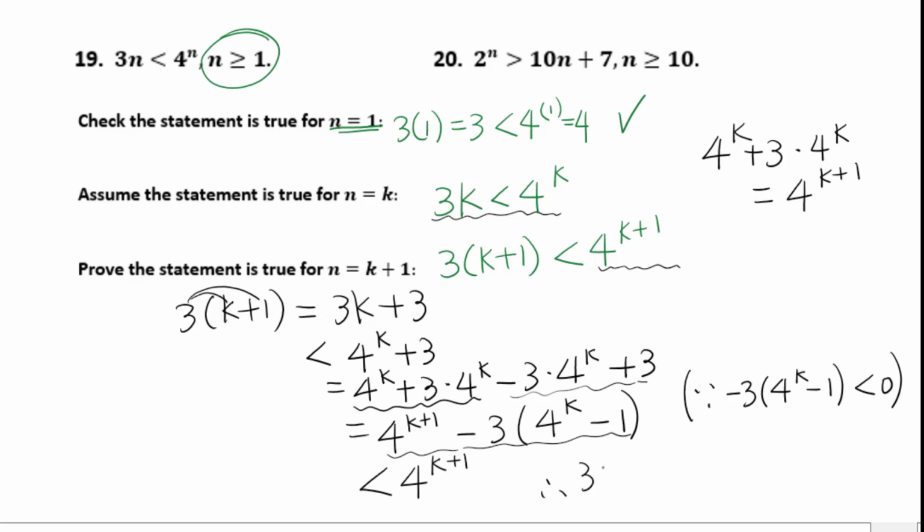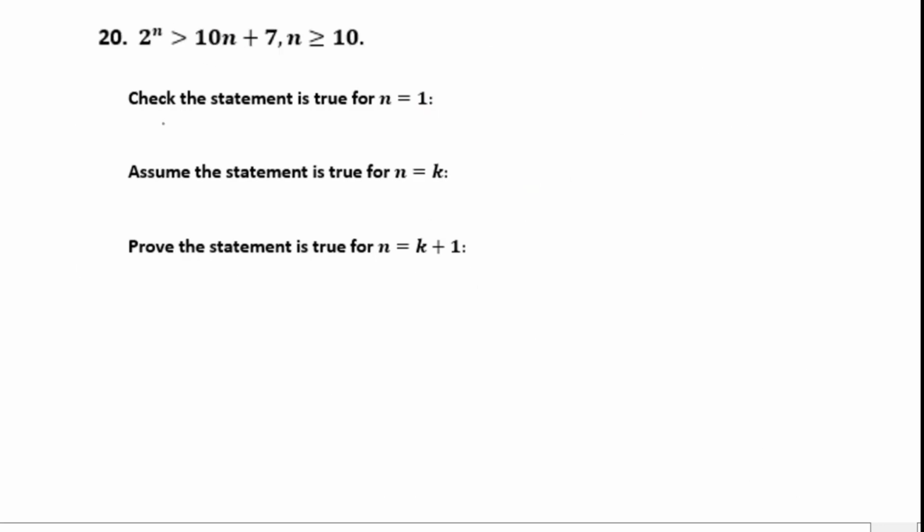So 3 times k plus 1 is less than 4 to the k plus 1's power. We finish proving. Let's go to 20.